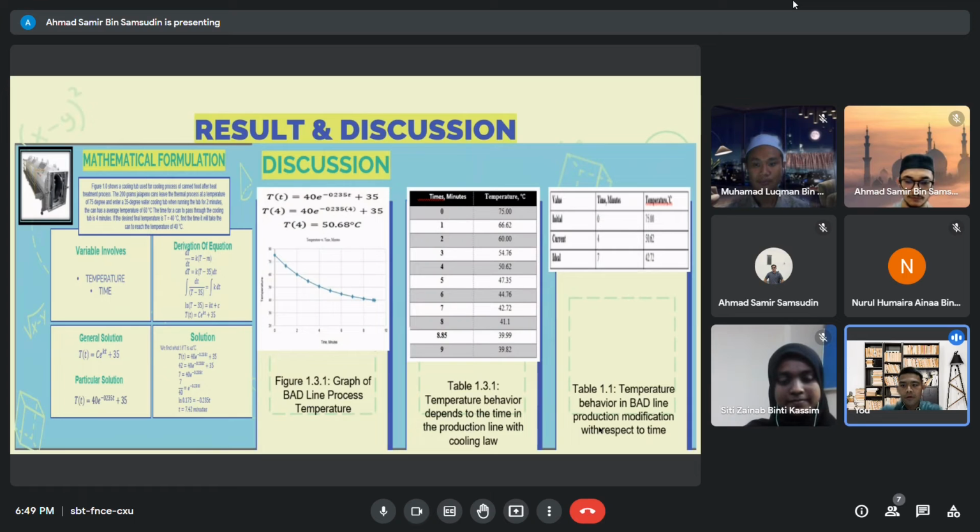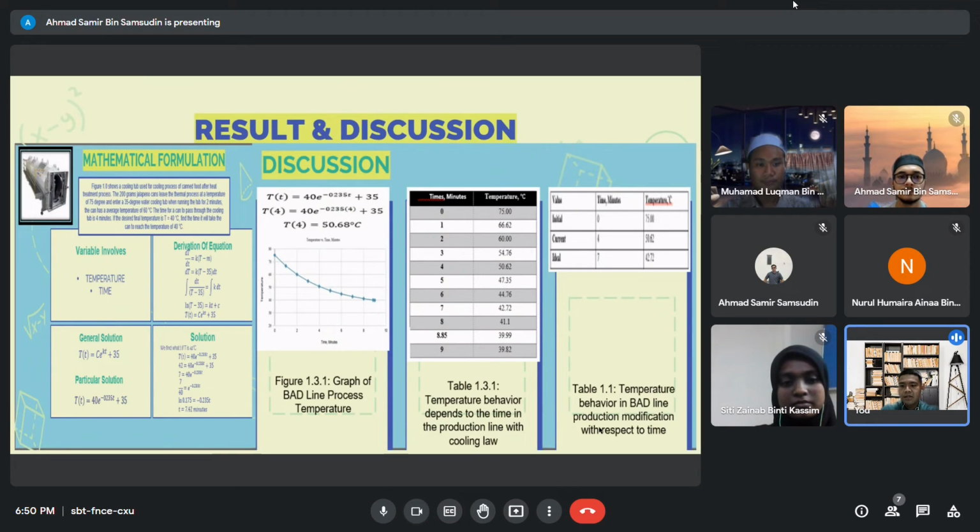Okay, for the result and discussions, we go through the mathematical formulation. The variables involved are two, which are temperature and time. Next, derivation of equations: dT/dt = k(T - M), and we calculate, we got T(t) = Ce^(kt) + 35.